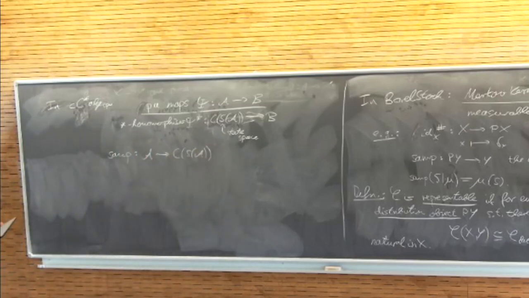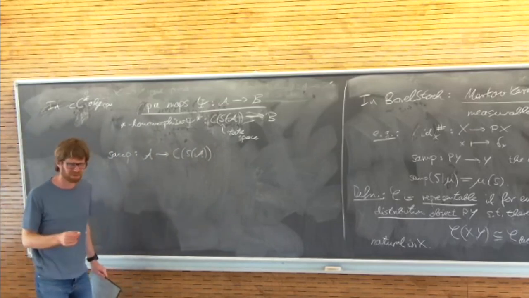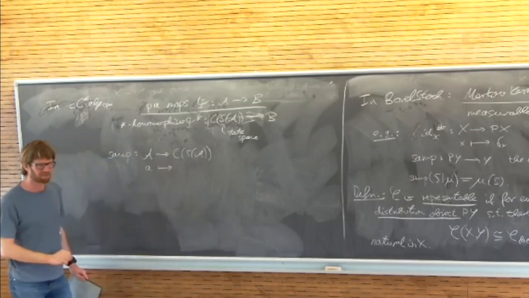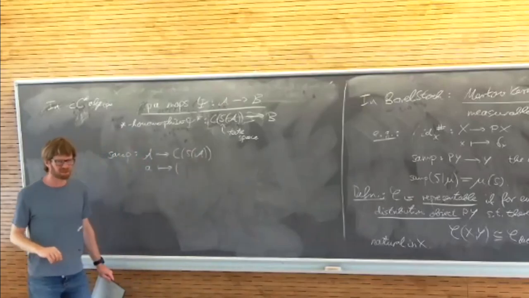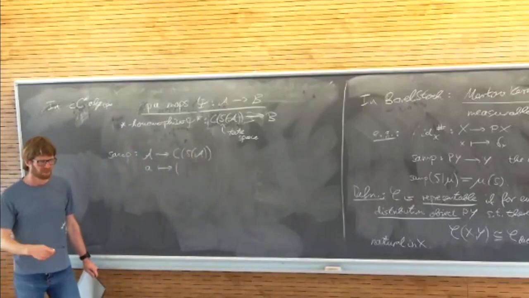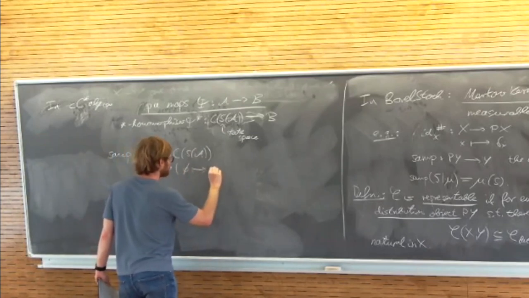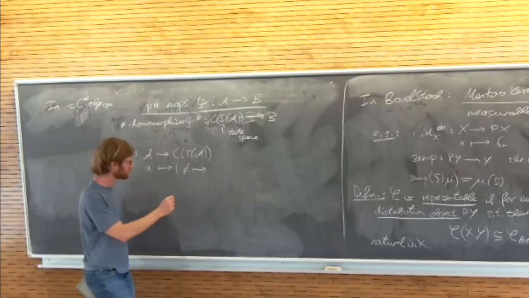There's an obvious thing one gets, and of course that's correct. We take an algebra element little a, and we map it to the continuous function on the state space that just evaluates states on a. So the evaluation map, which of course is continuous by definition of the topology on the state space.